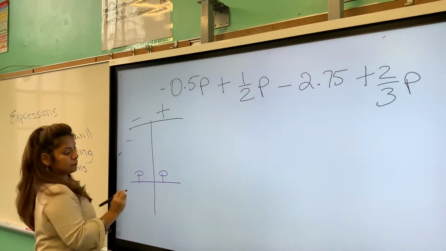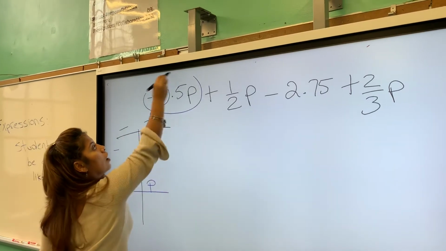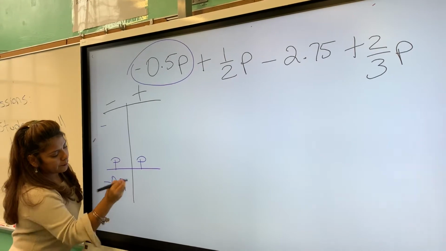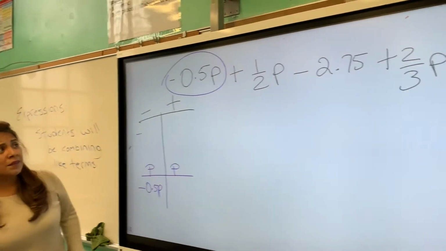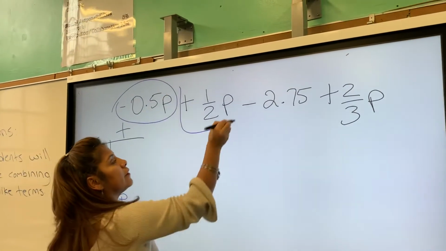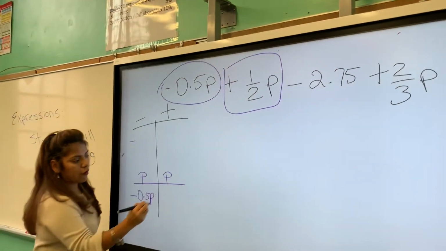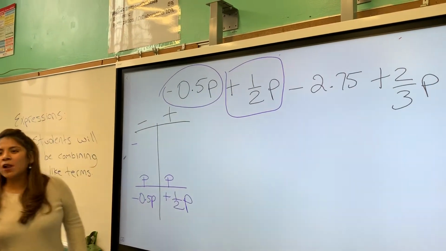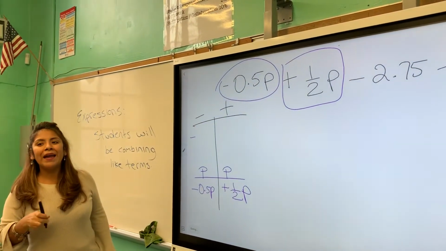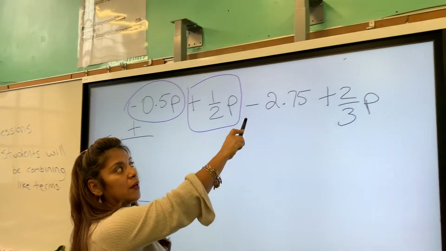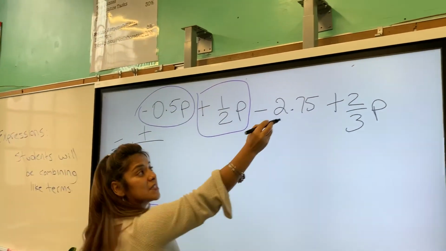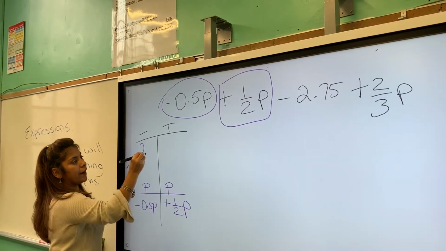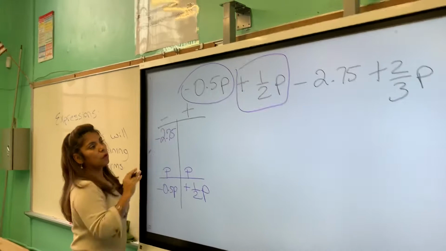The first one will go under my P. 0.5 P. The second one, positive, half P, I'm going to write under my positive, which is right here under my P, followed by my negative 2.75. This does not have a variable, so it's going to go right here. No variable.